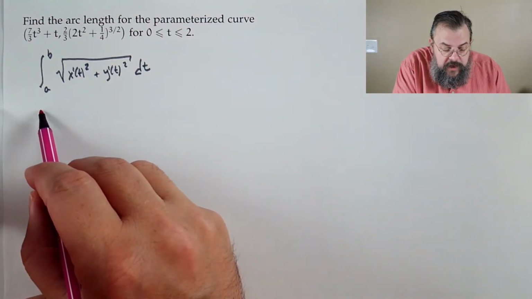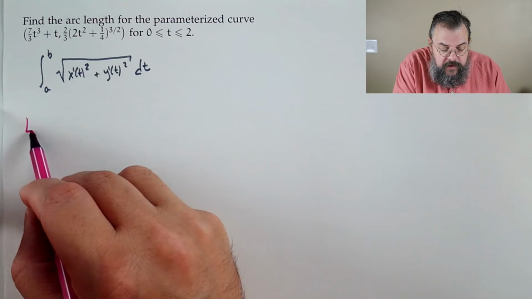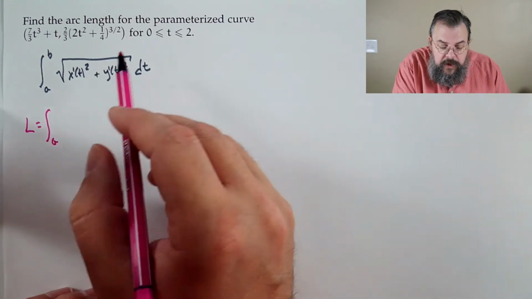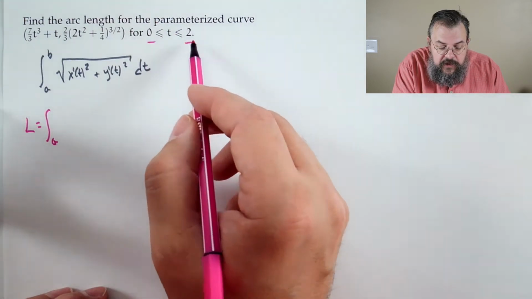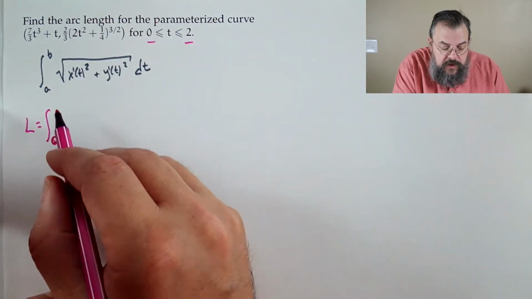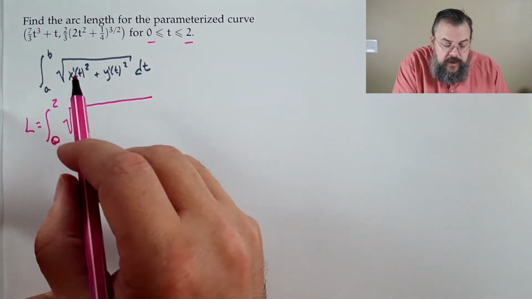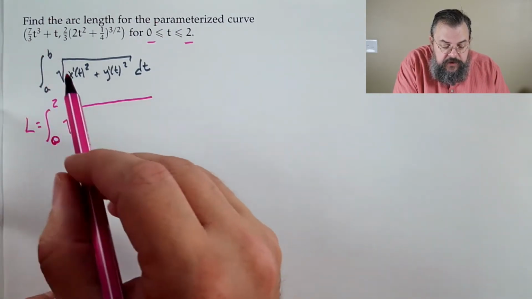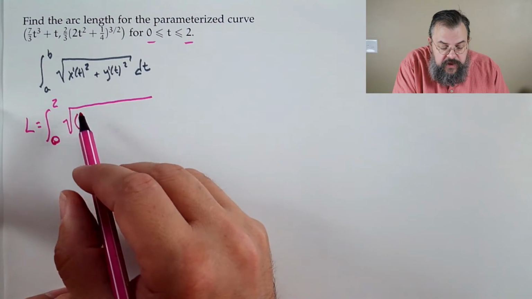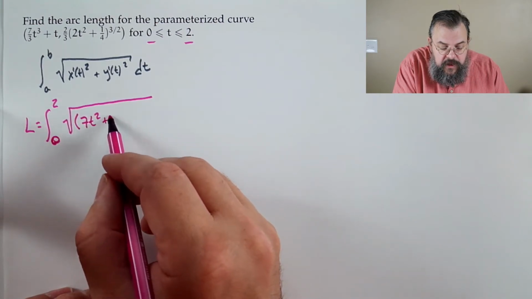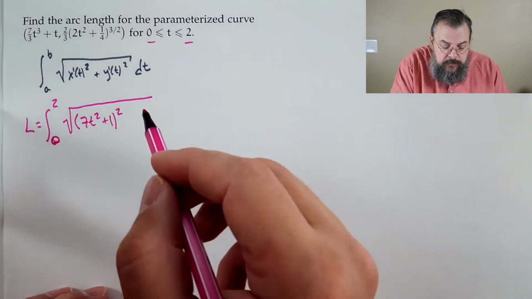So for our case, our length is the integral from a to b. Well, let's just say what they are, 0 to 2. Square root of. Okay, so take our derivative. So 7/3 t cubed becomes 7t squared, plus the derivative of t, 1, squared.